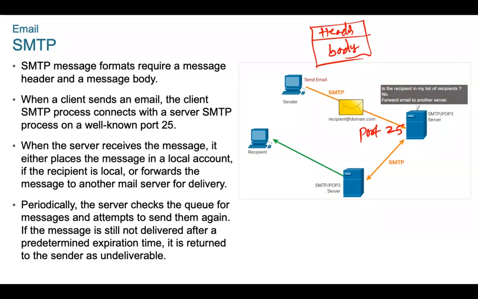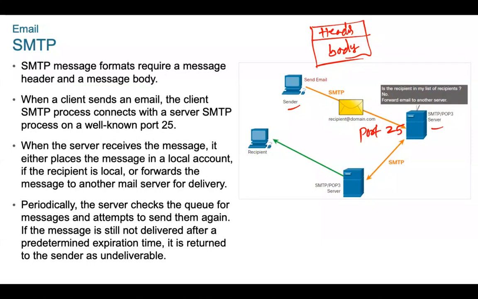So the port number for this email SMTP application service is 25. After the connection is made between your sender and the server, the client attempts to send the email to the server across the connection.